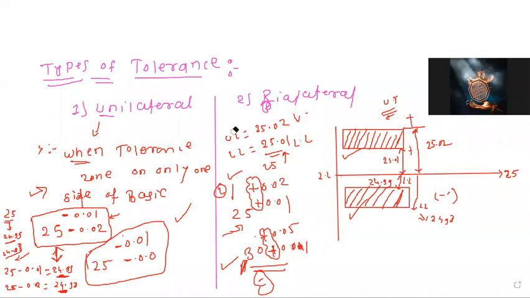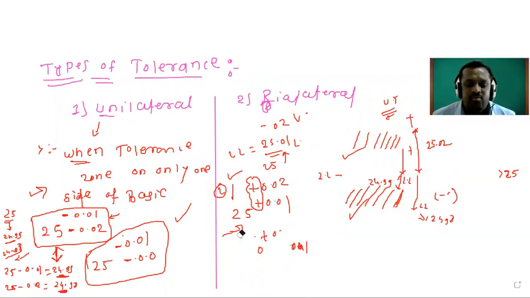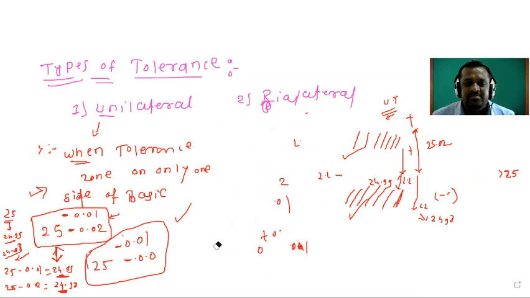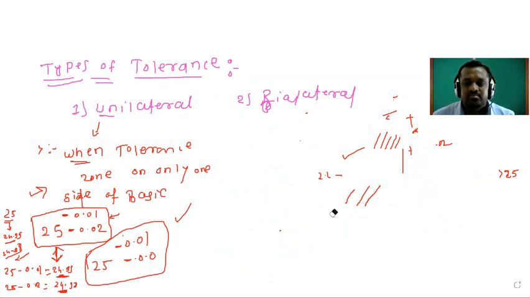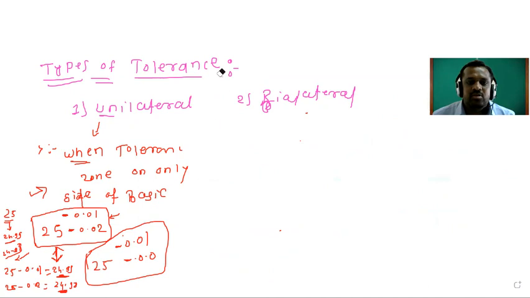Now we will move to the next, that is the bilateral tolerances. What is meant by bilateral tolerances? Just make the reverse. What is the definition?